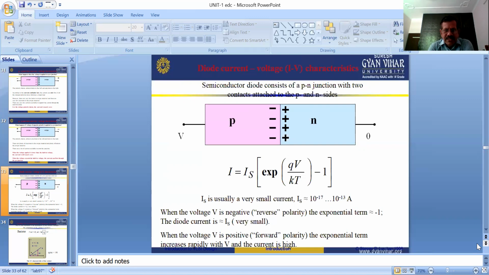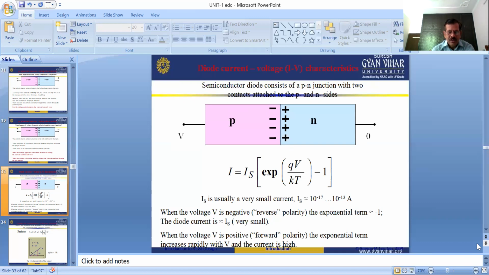When the voltage V is negative or reverse polarity, the exponential term goes to zero, so the exponential term minus 1 equals minus 1 and the diode current is equal to minus Is, which is very small. This is the first condition. When the voltage V is positive, this is the second condition.